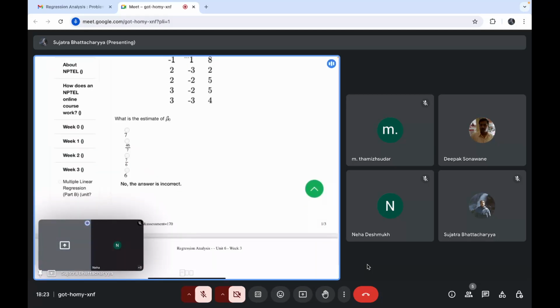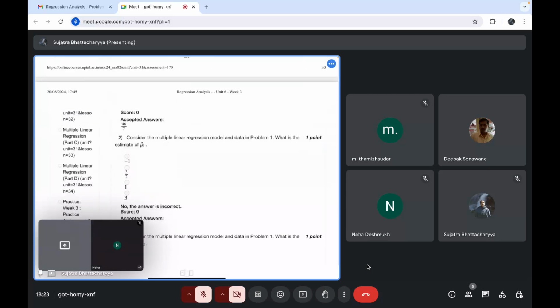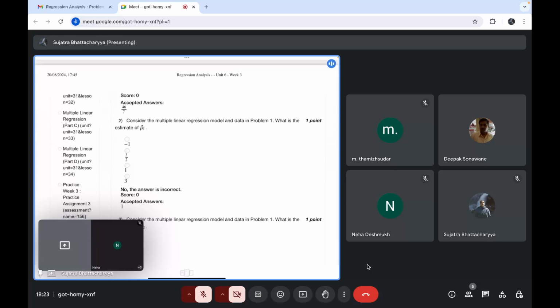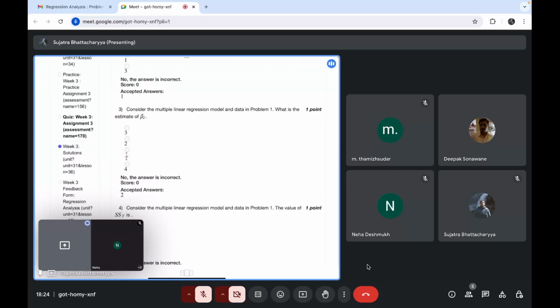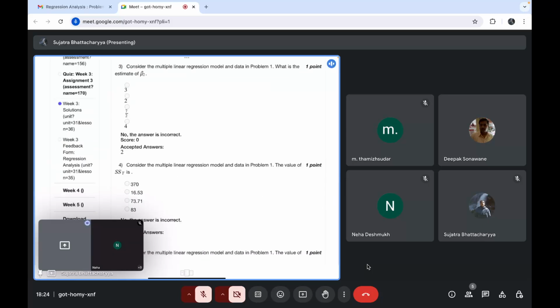What is the estimate of beta naught? It is 46 by 7, close to 6.57. Next, what is the estimate of beta 1? It is beta 1 hat, which we found to be 1, and the accepted answer is also 1. Estimate of beta 2 is beta 2 hat, which we found to be 2. Up to this, it is all done based on the calculations.